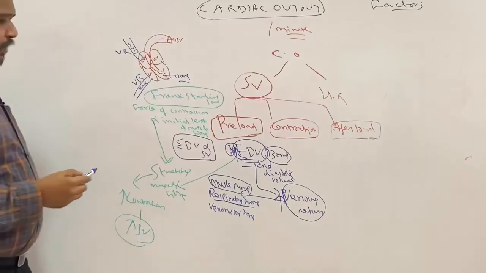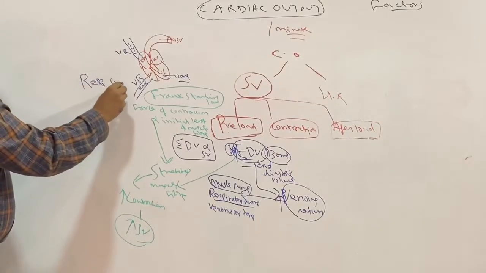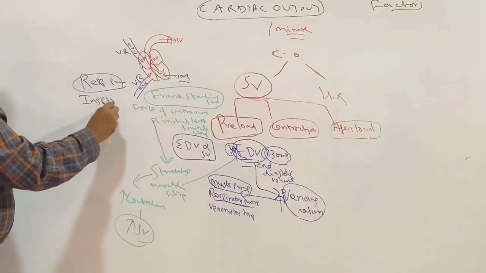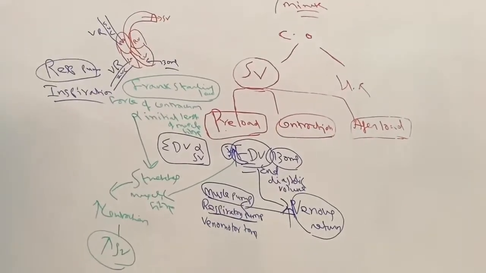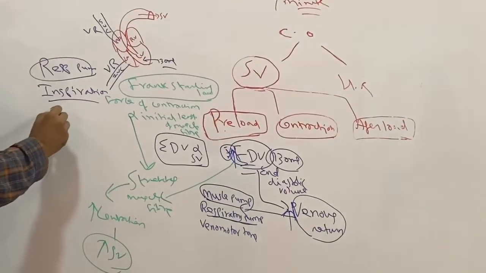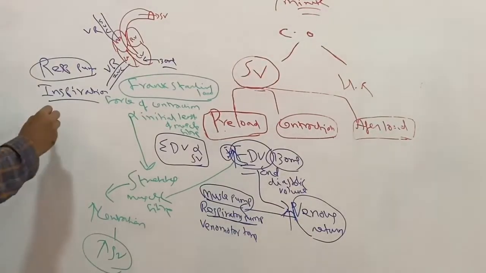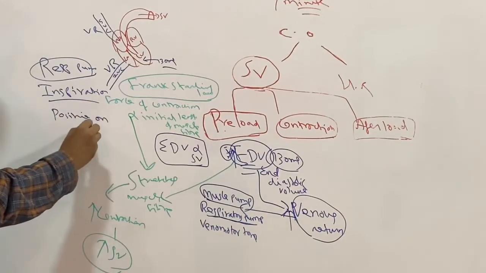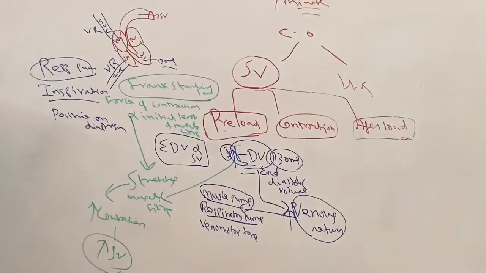So in respiratory pump, what happens? For example, during inspiration, I will make it simple. During inspiration, there will be inflation of the lungs, so it compresses the diaphragm. So there will be positive pressure in the diaphragm. Our diaphragm muscle is contracted and intrathoracic pressure will become more negative.